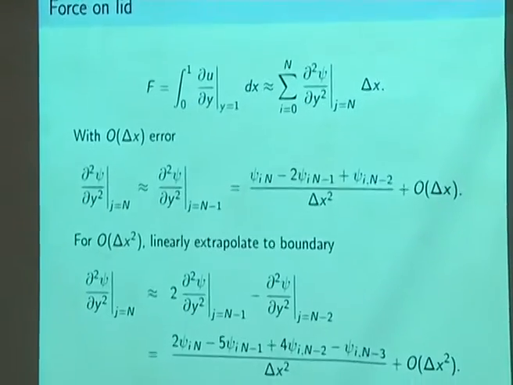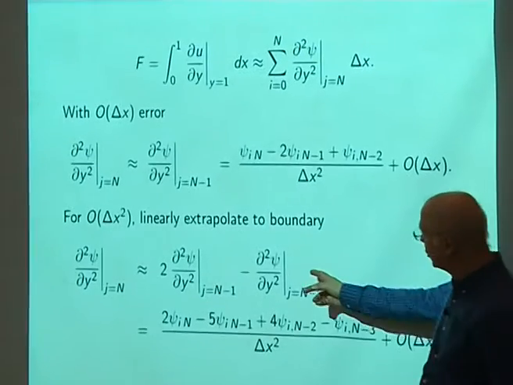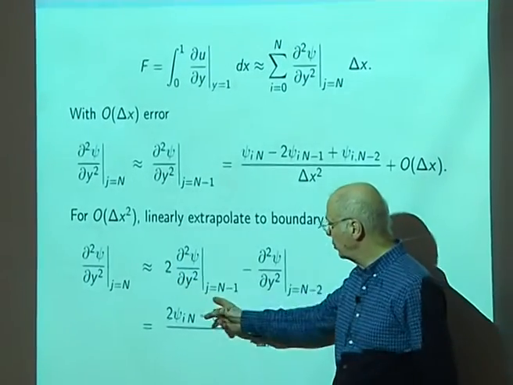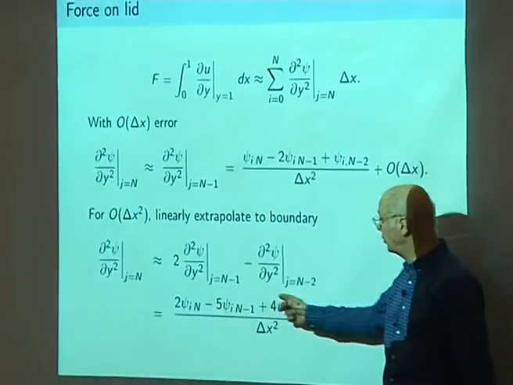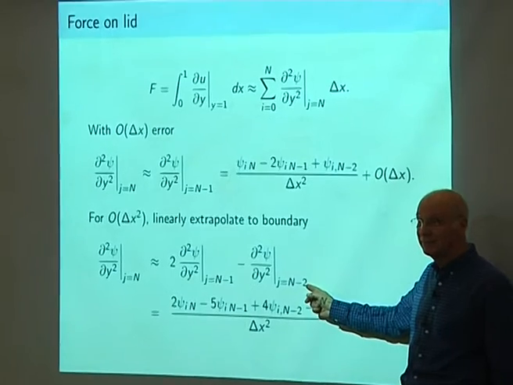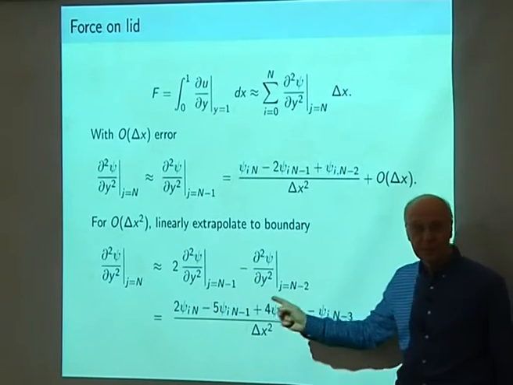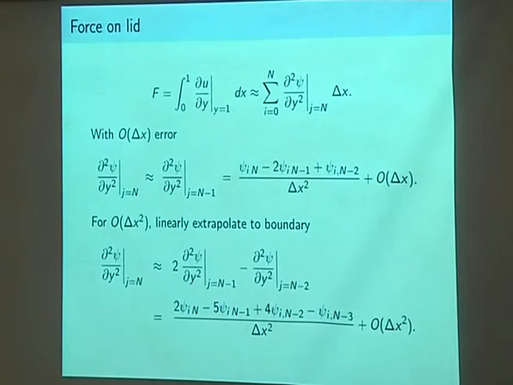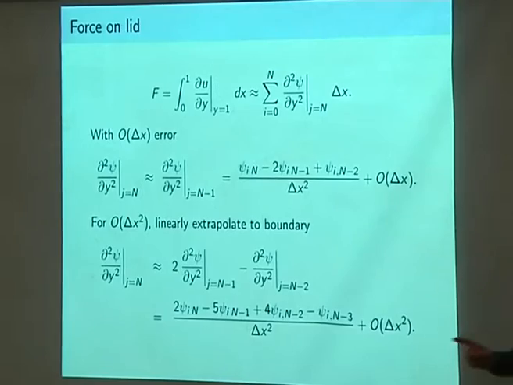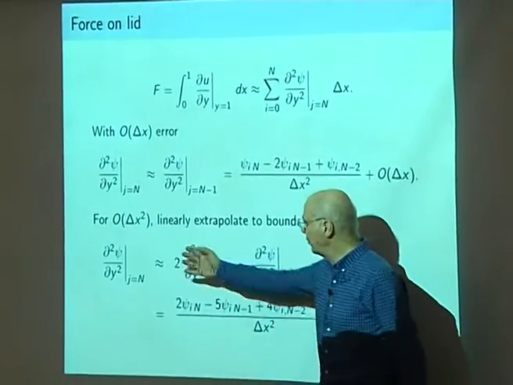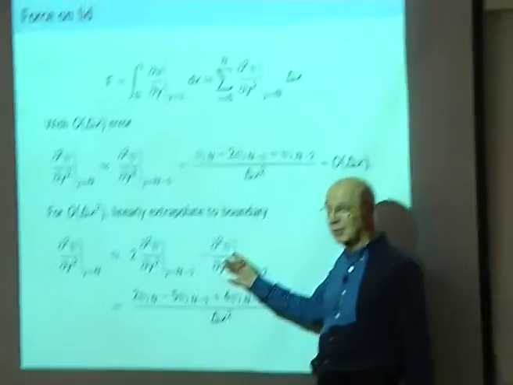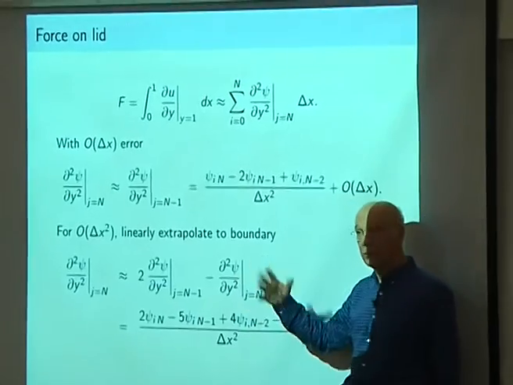And I do that by doing a linear extrapolation from the second derivative at 1 point in and the second derivative at 2 points in. Okay? And then the law of linear extrapolation is to have coefficients 2 and 1. If this quantity was constant, then I've got 2 minus 1, I've got the right answer.